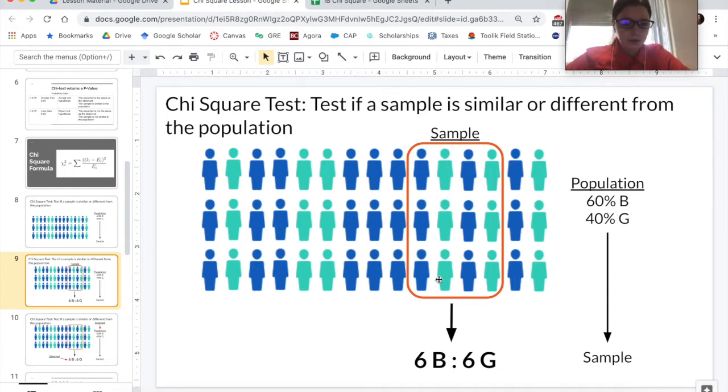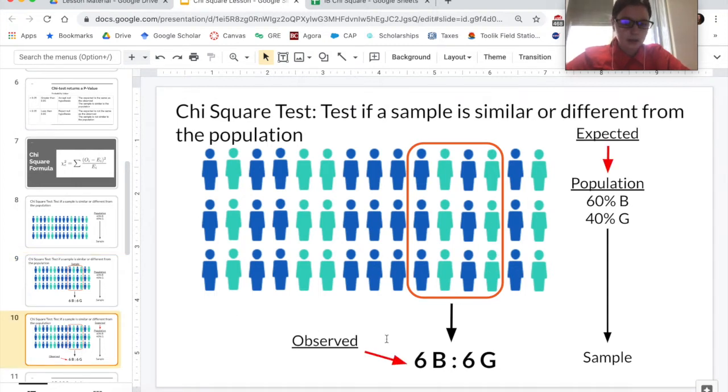And from our sample, we see that there's going to be 6 blue and 6 green. Now this sample that we took is our observed value. This is what we observed in the sample. However, we know from previous experience that we are expecting the population to be 60% blue and 40% green.